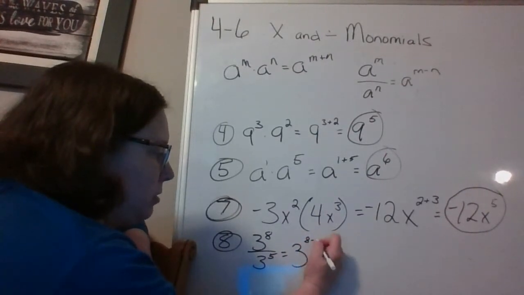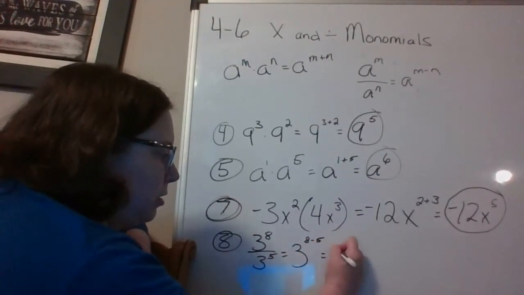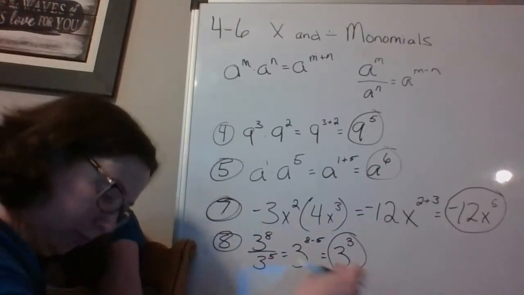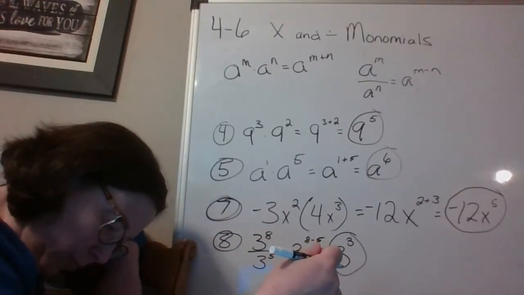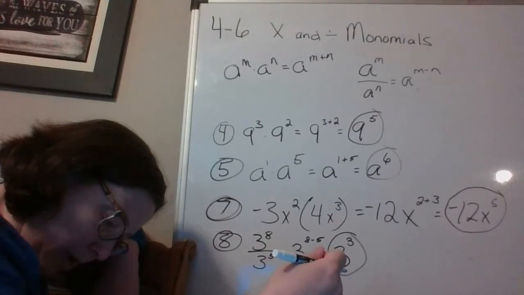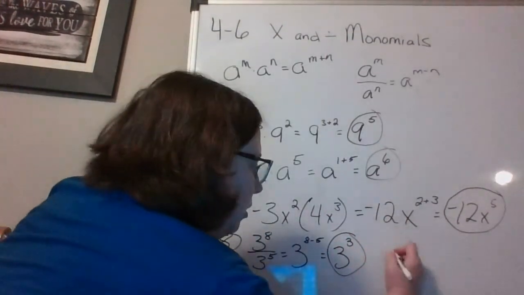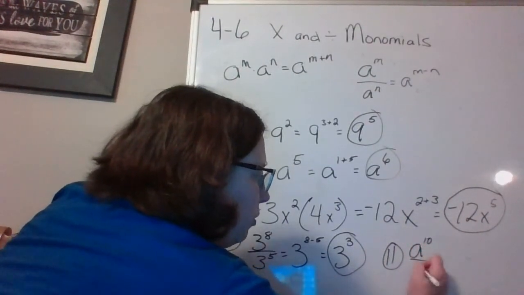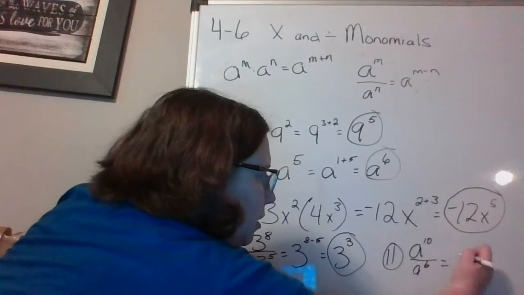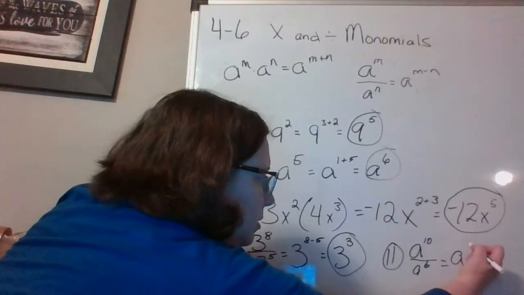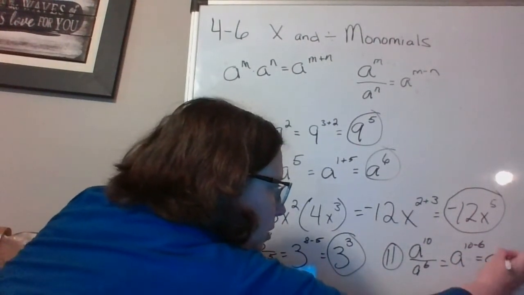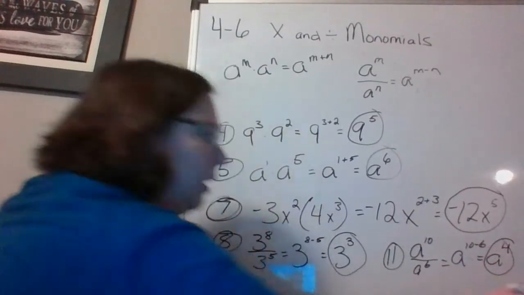We're going to take the top exponent minus the bottom exponent, and we get 3 cubed. Well, let's look at number 11. So we have a to the 10th over a to the 6th. We have the same base. Take my top exponent minus my bottom exponent, and we get a to the 4th power.